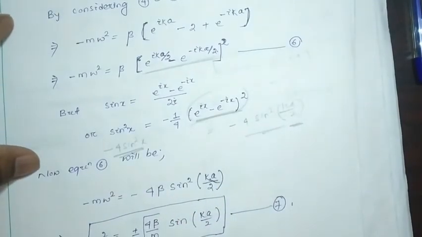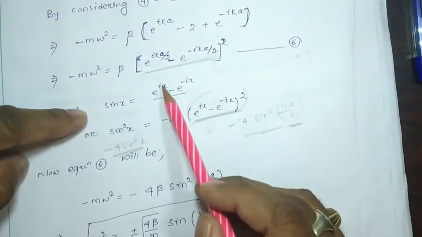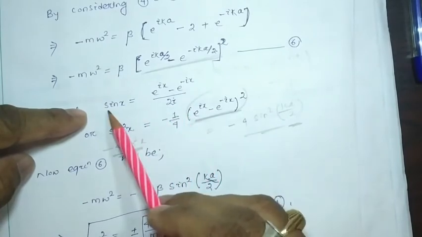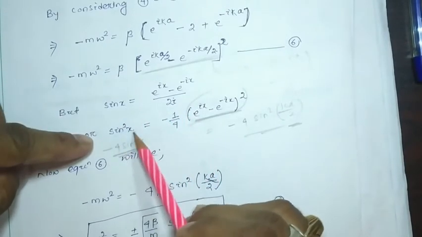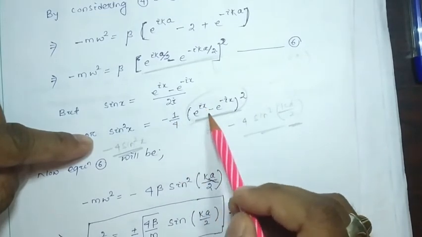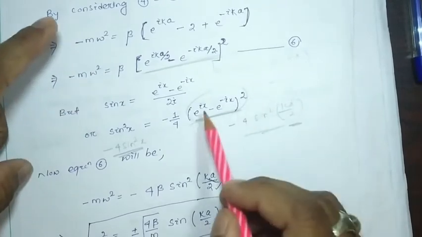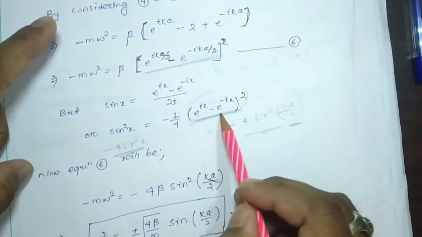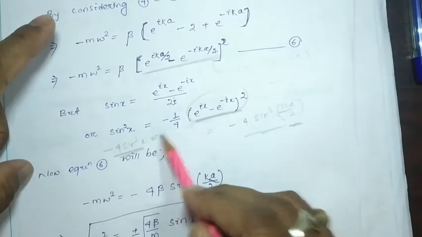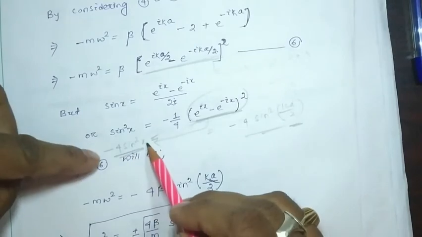I am explaining once again: sin x is (e to the power ix minus e to the power minus ix) by 2i. Hence sin square x will be equal to minus 1 by 4 (e to the power ix minus e to the power minus ix) square. That implies this will be minus 4 sin square x.